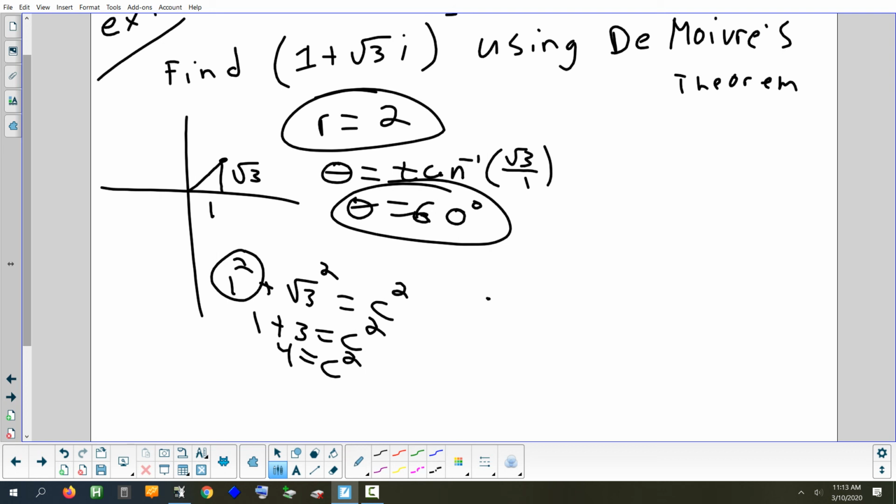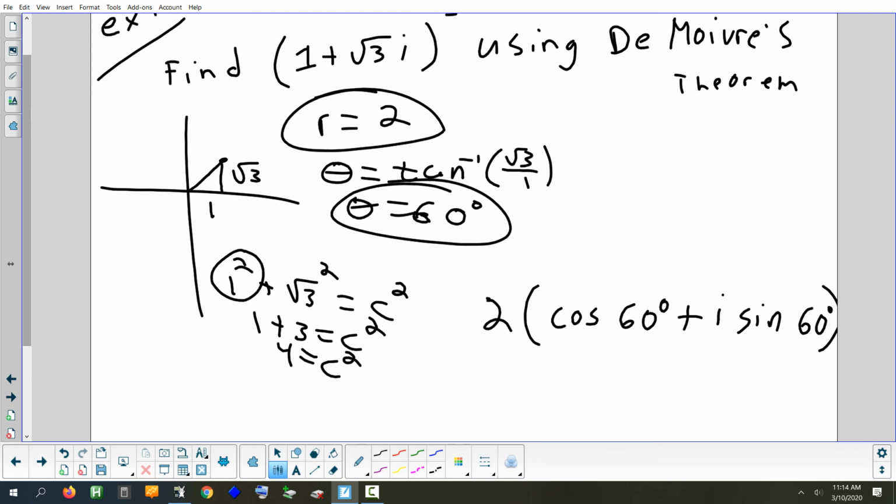It will be 2 times parentheses, cosine 60, and then the plus i sine. Whatever you use for your angle here, you're going to use the same thing there. So 60 there. And that's how you write that number in trig form.